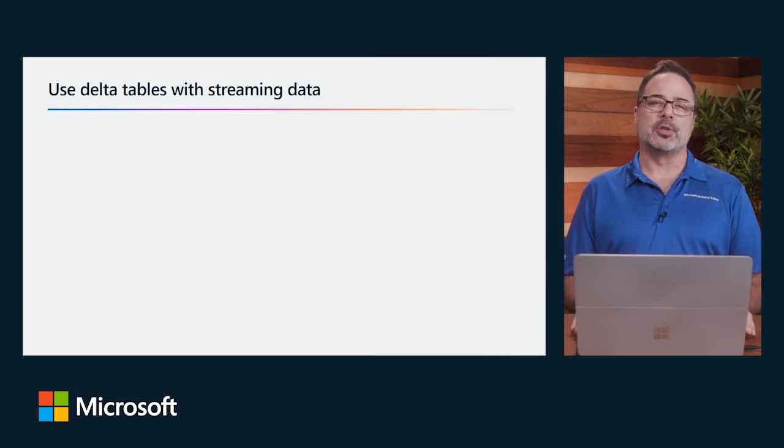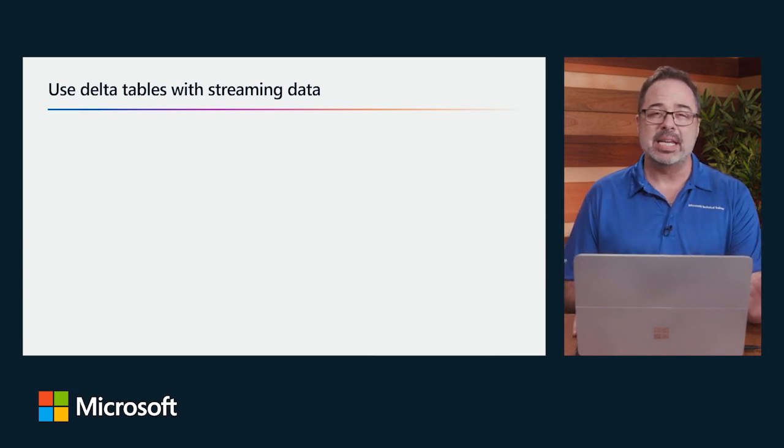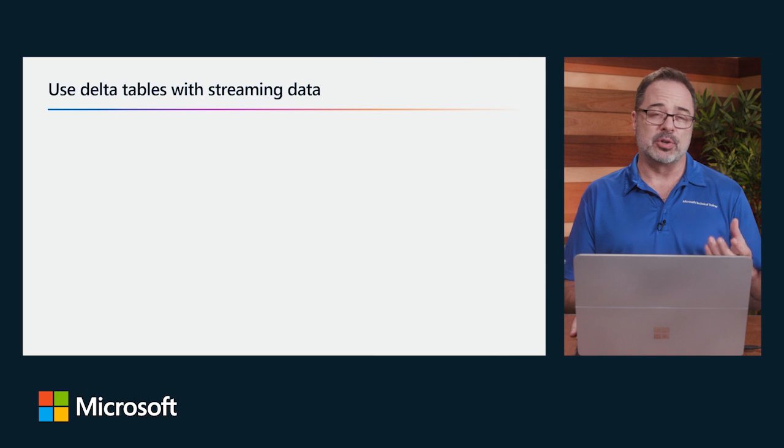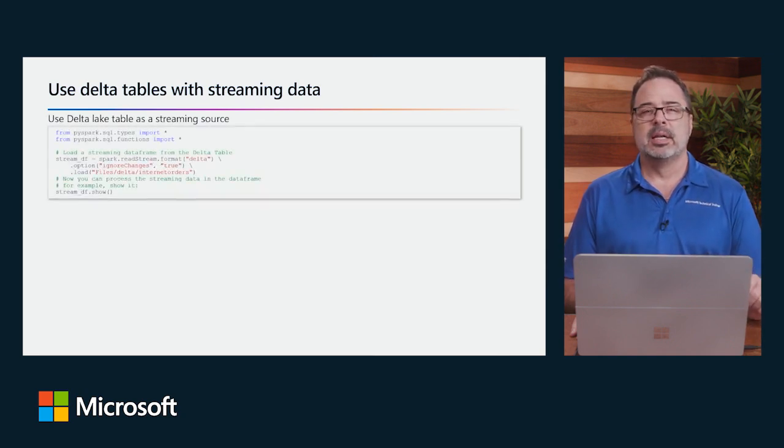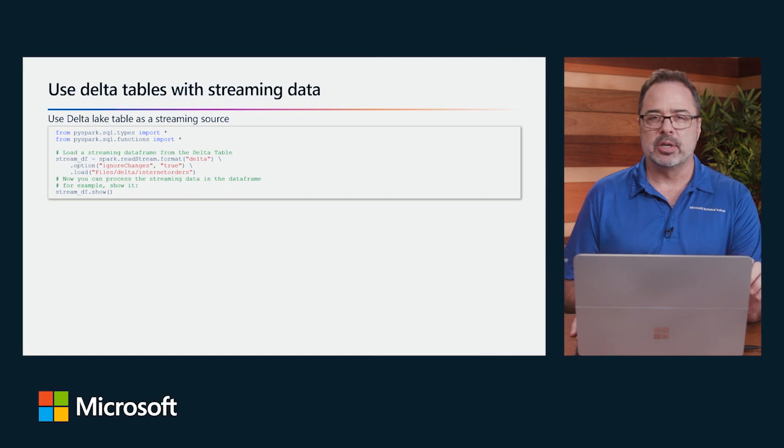A Spark Structured Streaming data frame can read data from many different kinds of streaming sources, including network ports, real-time message brokering services, such as Azure Event Hubs or Kafka, or file system locations. Delta tables support streaming data ingestion and processing and can efficiently handle real-time data streams by providing scalable and fault-tolerant ingestion and processing capabilities. We can read from a Delta table by using the Spark readStream method.